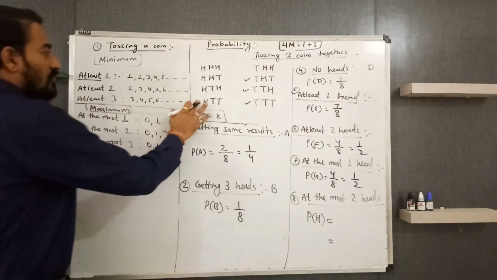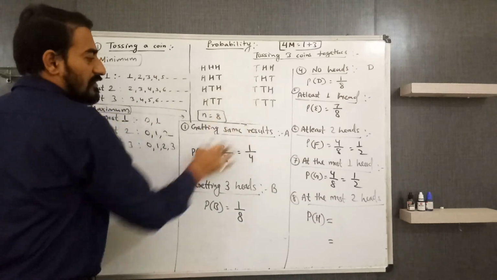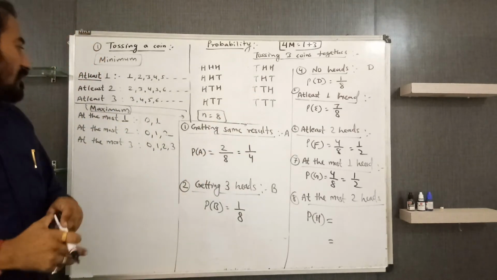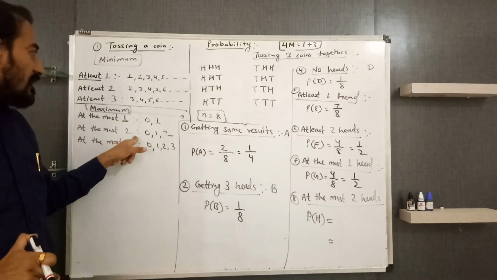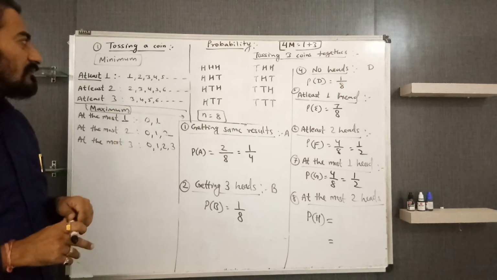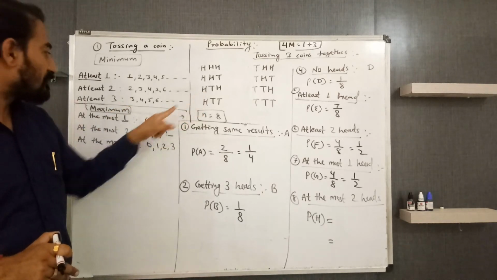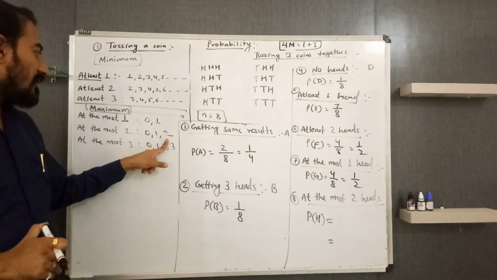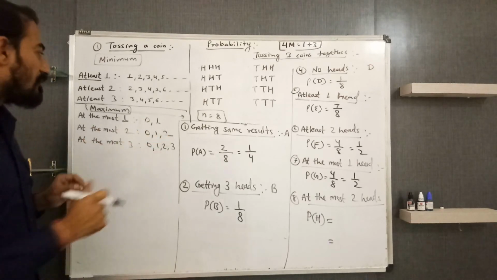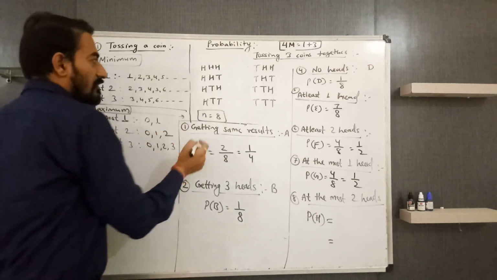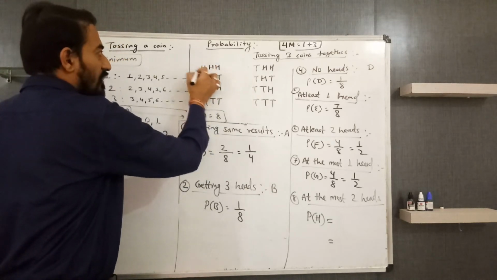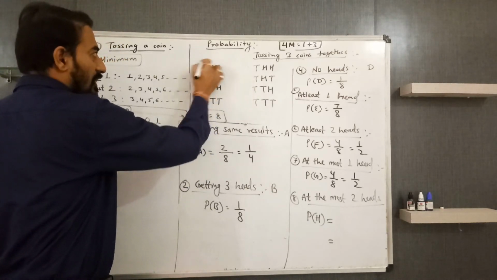Next, at the most 2 heads. At the most 2 heads means highest 2 heads we need. So 0, 1, 2 should be taken. 3 heads we cannot take.